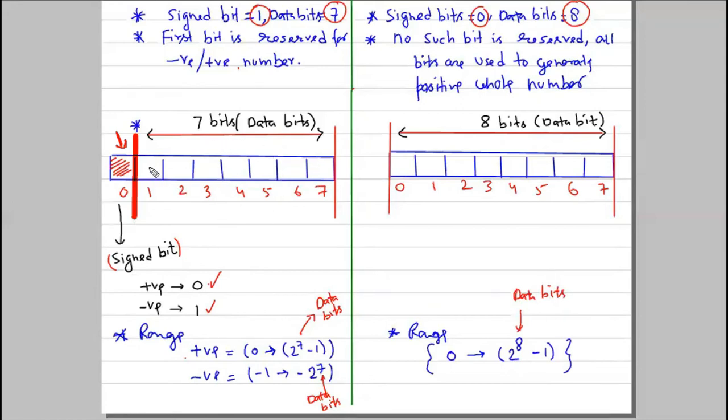So let's say we have written 0 at each and every place of all these 7 bits. Then the data would be 0, right? In that case, if we have written 1 at each and every one of these 7 places, then again the formula 2^n, if you calculate 0 1 2 to 6, then the formula would give you 2^(n+1). So n is 6, 6 plus 1 is 7, minus 1. So this is the range.